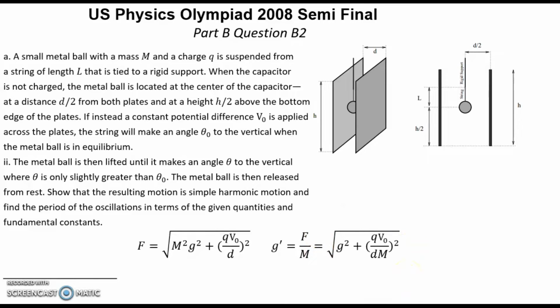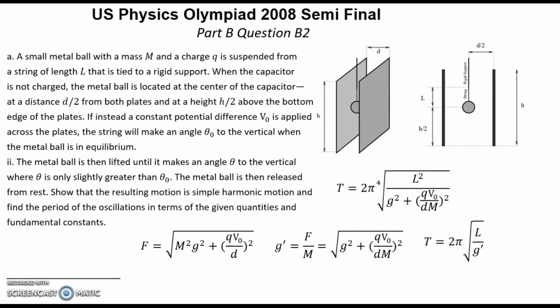And the last thing is we can find the period for a pendulum with length L and gravity acceleration of free fall, in our case g prime. The period will be 2π root of L over g prime, and now we can substitute g prime here and find the total period.